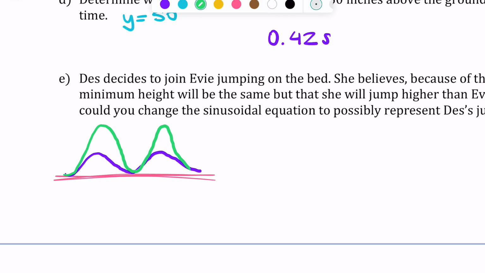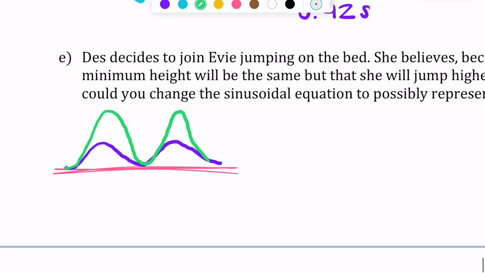We don't really know if her jump's going to take more time, right? Because we don't have that information. All we know is that she's going to jump higher. And again, this is not a great diagram, but it's not bad. Now, what can we say about changing that equation to possibly represent Des's jump?